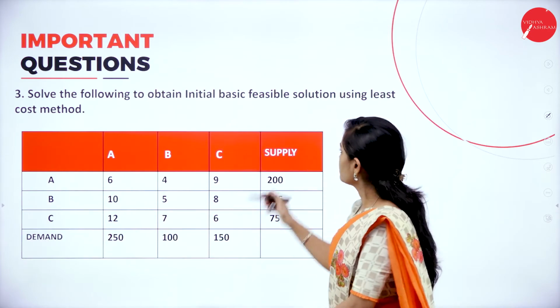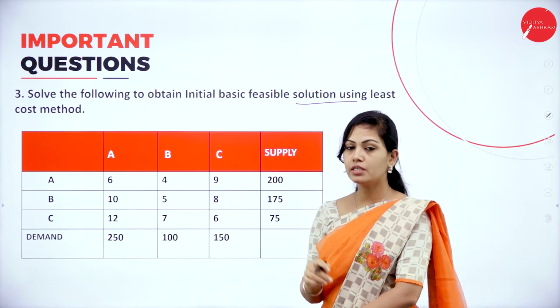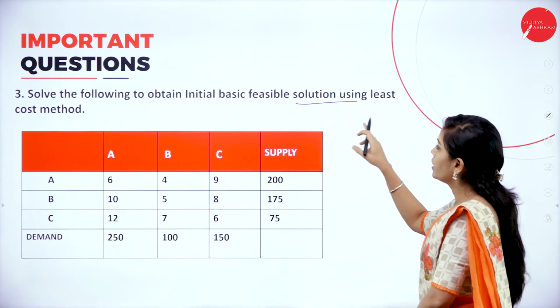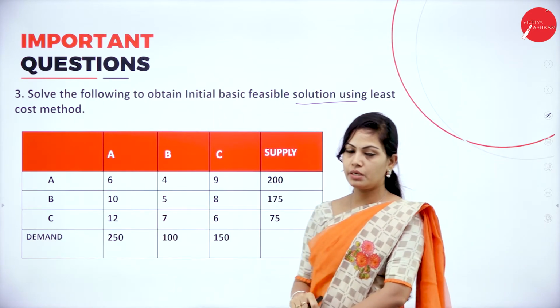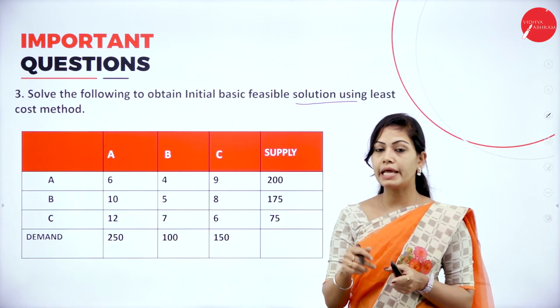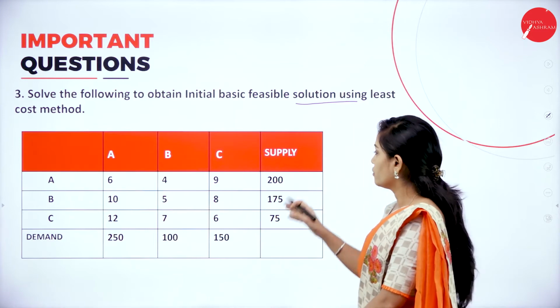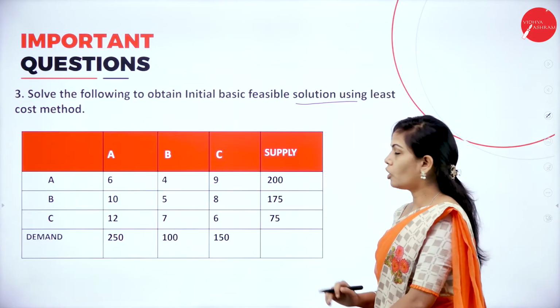So, in this problem you have to find the initial basic feasible solution by using the least cost method. In least cost method, you have to select the least value out of these variables. So, what is the first step? You have to check whether it is a balanced problem or unbalanced.